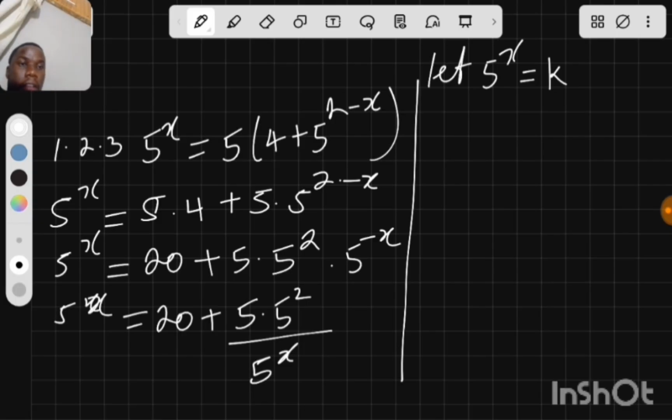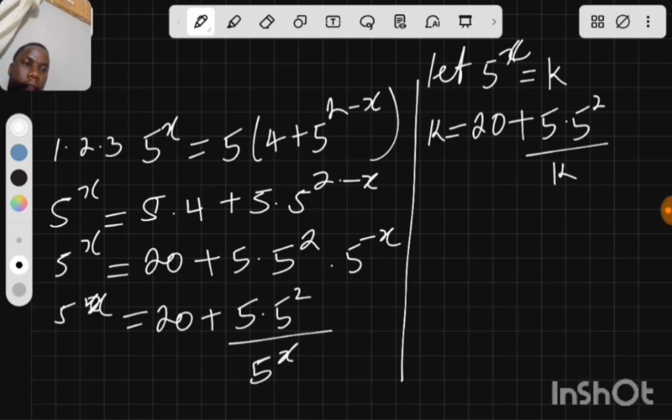Where you see 5 to the power x, you substitute with k. We're going to have k equal to 20 plus 5 to the power 2 divided by k. Then you multiply the whole statement by k. I hope you understand.